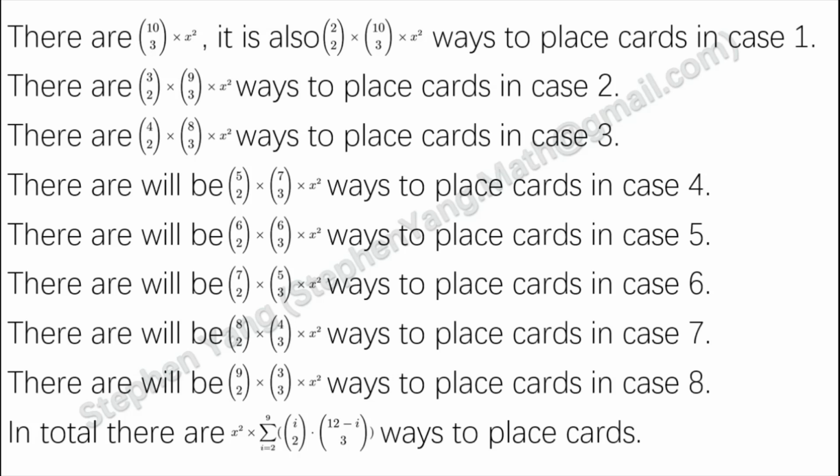So in total, there are x squared times sigma i equals 2 to 9, i choose 2 times 12 minus i choose 3 ways to place cards. And now, let's calculate this complicated expression.